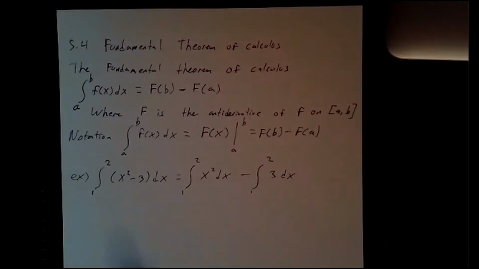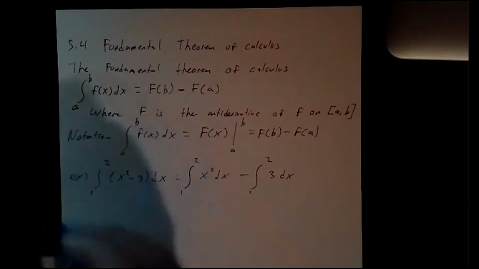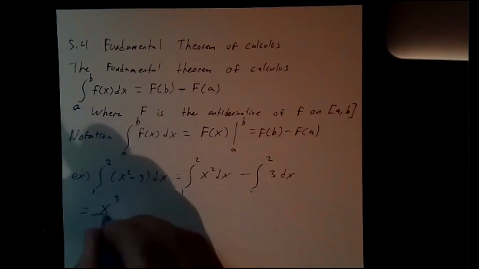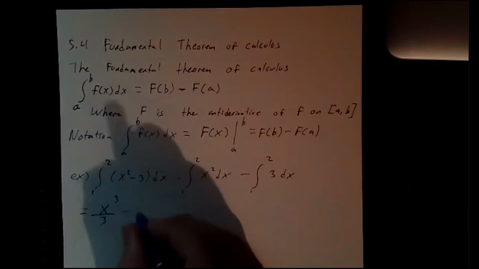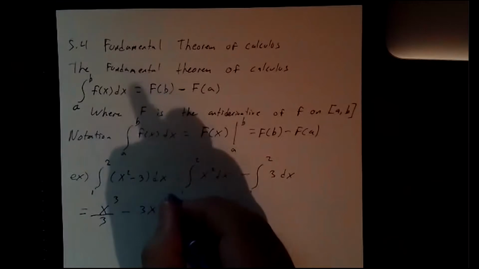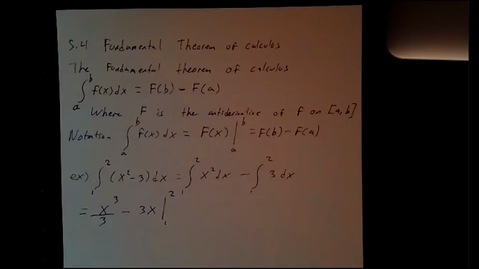So you will get x cubed over 3 minus 3x from 1 to 2. You see what I'm saying? This is capital F right here.